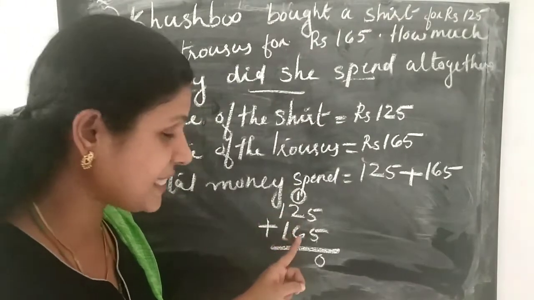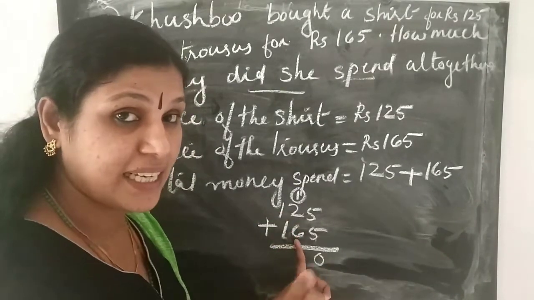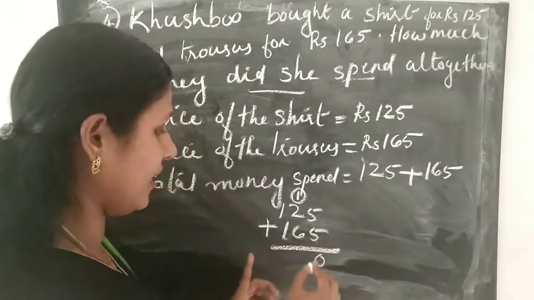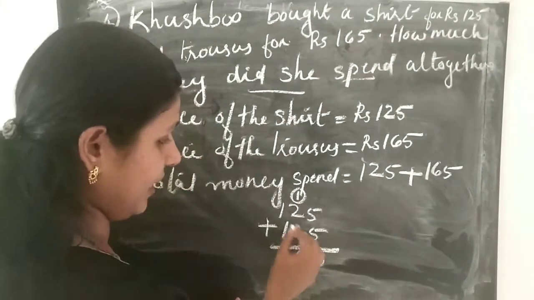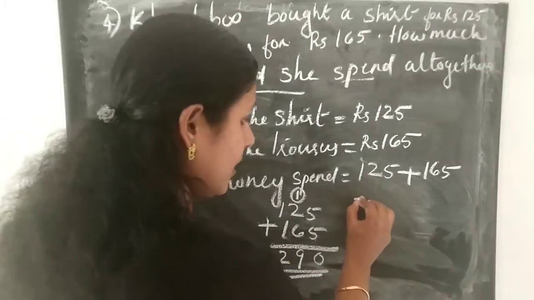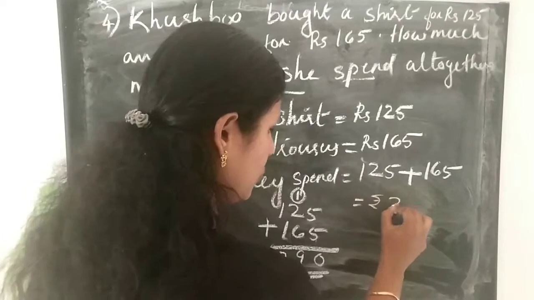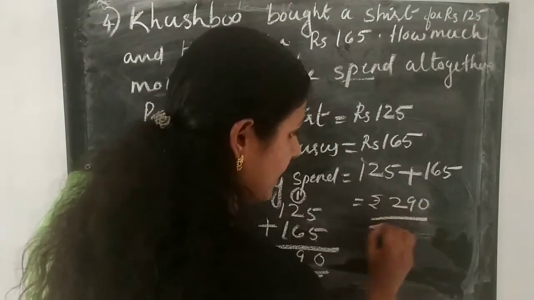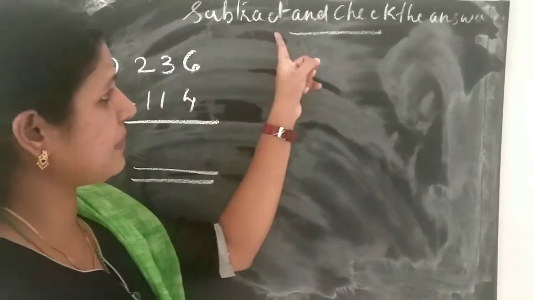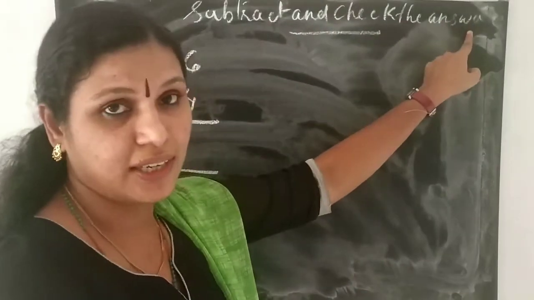Then 3 plus 6 is 9. So here we get 9. Now 1 plus 1 is 2. So our answer is rupees 290.